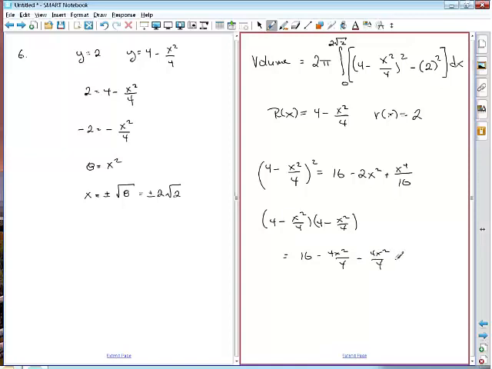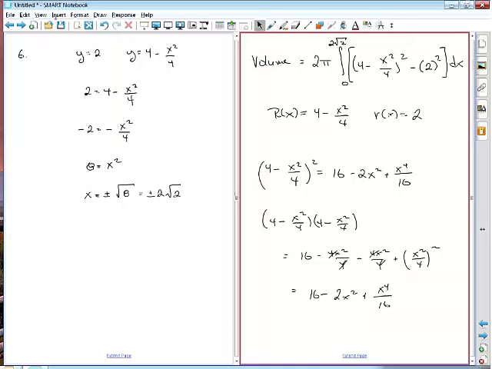And last would be positive, because negative times negative is positive, x squared over 4 squared. So we get 16 minus, these cancel out, so you just get negative x squared, so that's negative 2x squared, and then we get plus x to the 4th over 16.